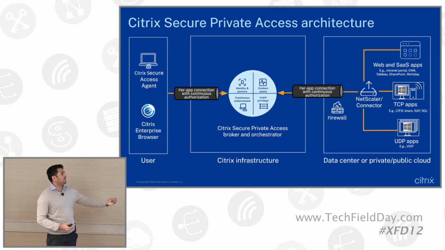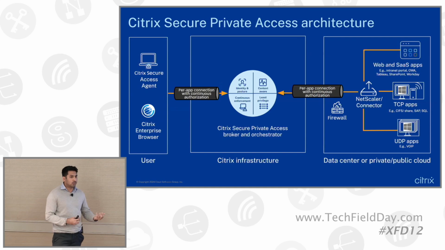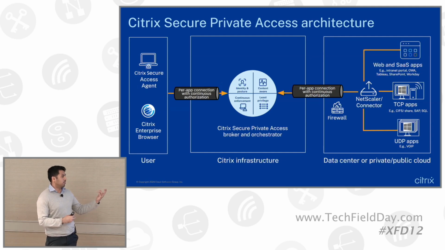Depending on whether you're on the cloud or on-prem, you would usually have our NetScaler or the connector appliances that act as a gateway between the backend applications and the service nodes, giving you access to all the different types of web applications such as intranet portal, your Jiras, your Confluences, or your SaaS applications such as Office 365, Workday, Salesforce, or your TCP UDP applications such as access to your SQL databases, CIFS shares, access to a lot of the VoIP based applications. So all of it is easily accessible through one solution.